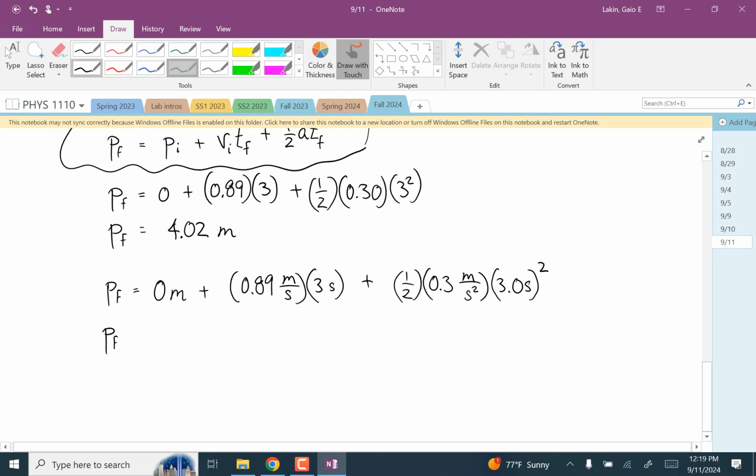And we can write that as 0.89 meters divided by seconds times 3 seconds.